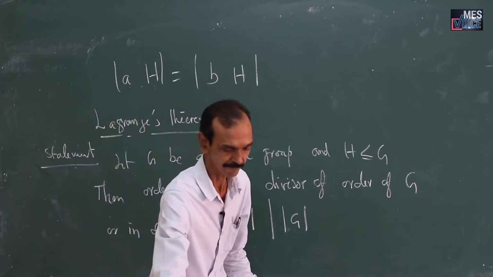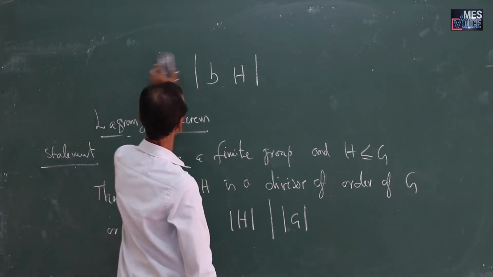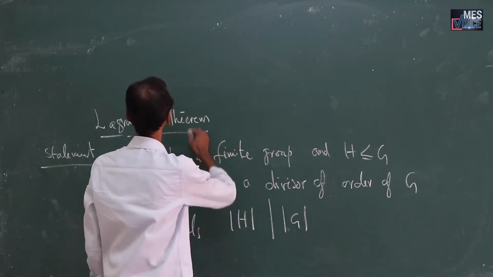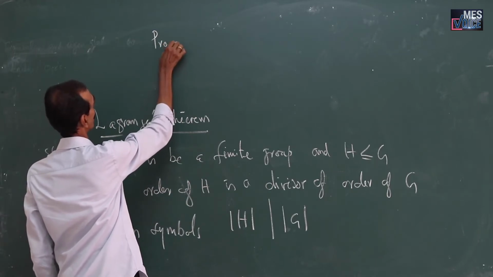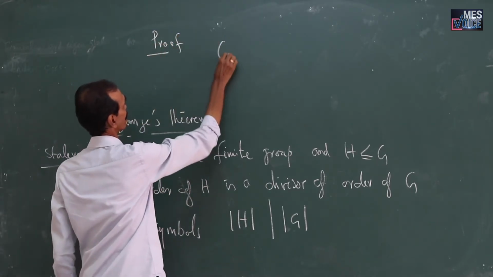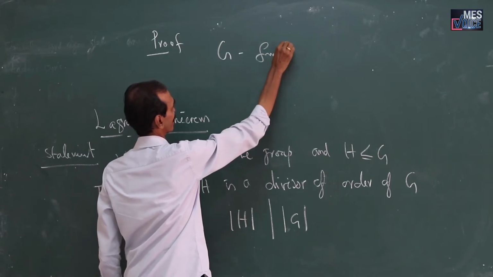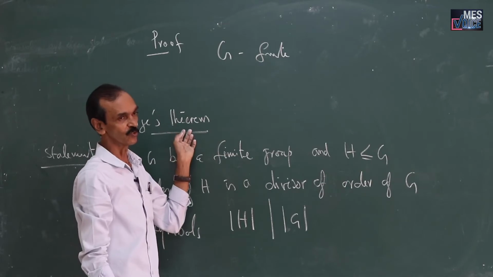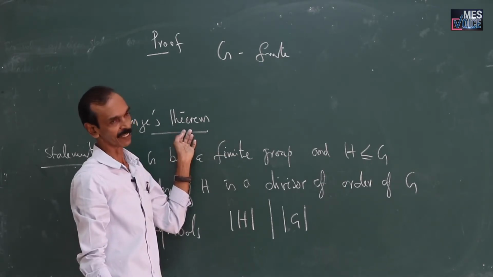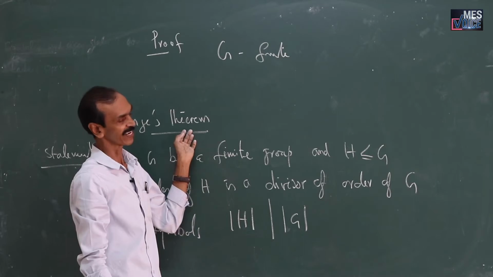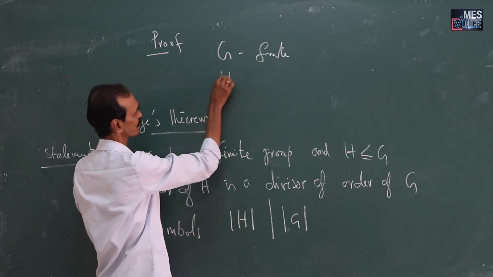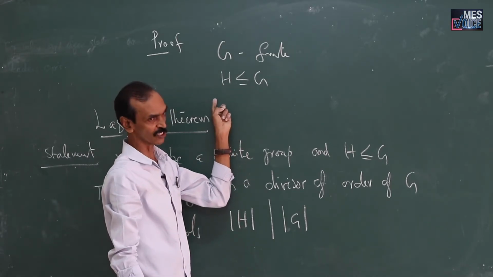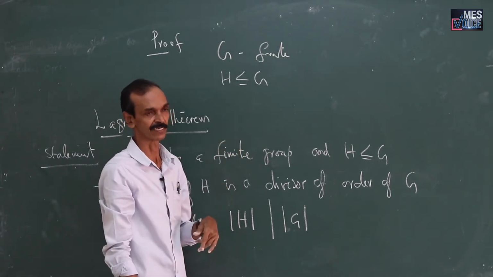To prove this theorem, we first consider the group G, finite, and its decomposition into mutually disjoint left cosets of H in G. Here H is a subgroup of G. So, naturally the left cosets of H in G can be considered.